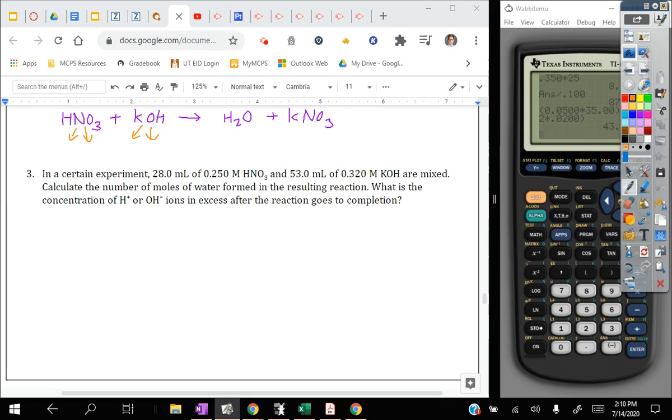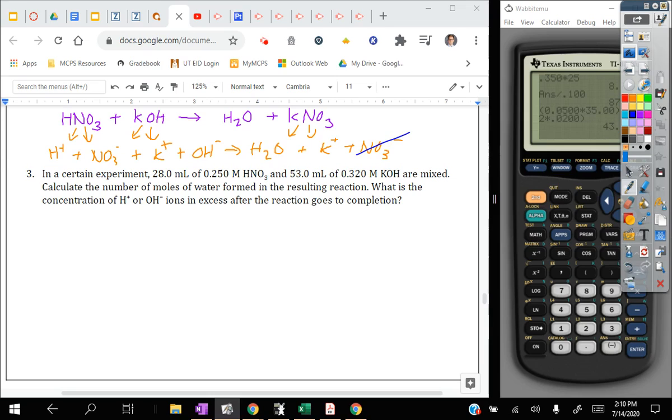Now, if I think about the net here, I also know that this is H plus NO3 minus plus K plus and OH minus, and that forms water, and then K plus and NO3 minus.